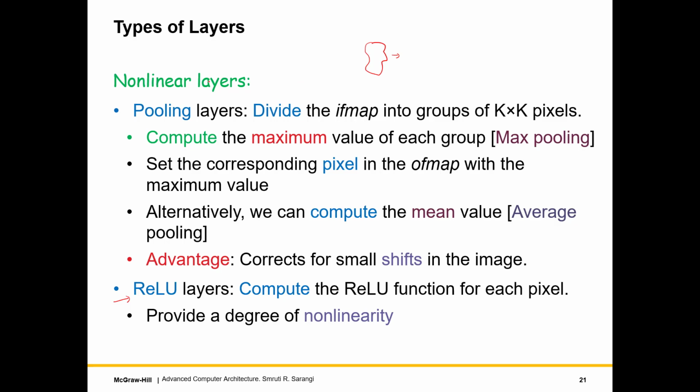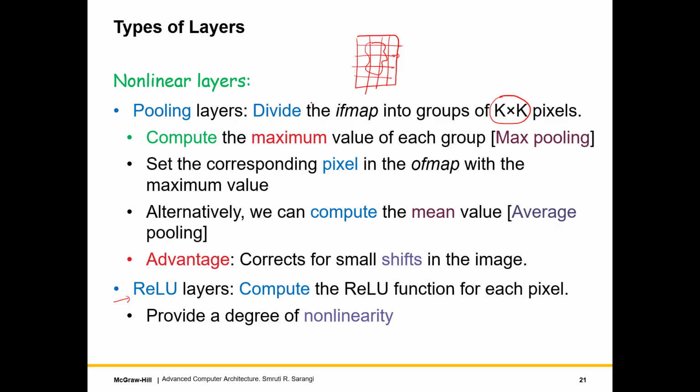So this is where a pooling layer is used. So what we do is we divide the IF map, we kind of coarsen it into groups of k cross k pixels, right? So if let's say this is a matrix over here, and then I divide it like this, then I take k cross k pixels, and for each group I compute the maximum. So that is max pooling.